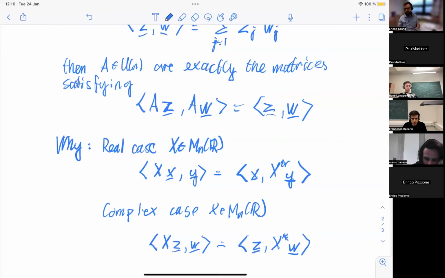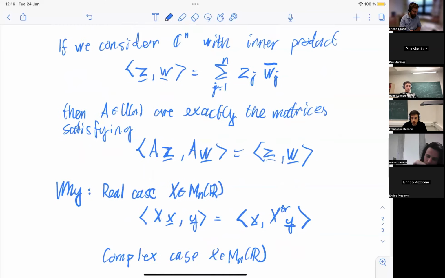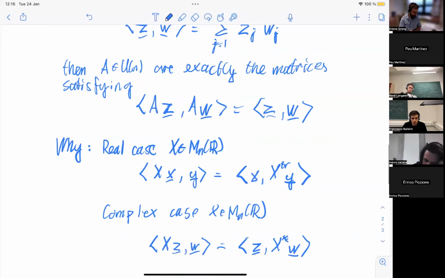And that's where you get the two identities from. So if you try to put in these matrices, for the complex case you will need X star X to be the identity, and for the other case you will need X transpose X to be the identity.